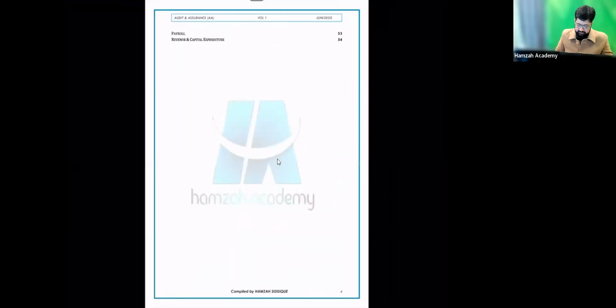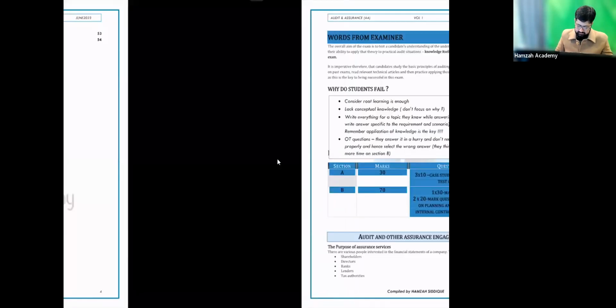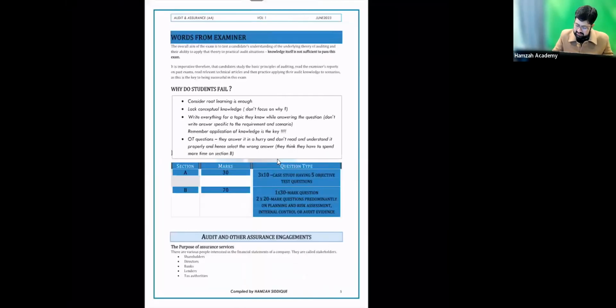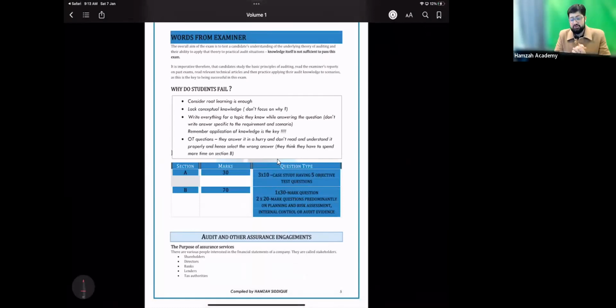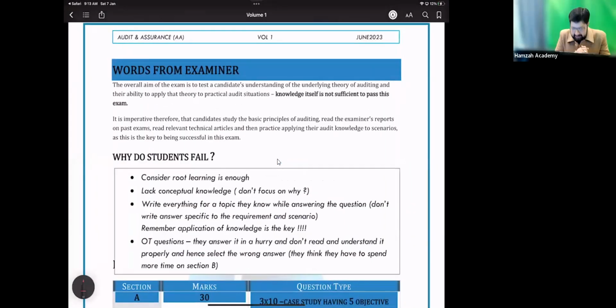So here we are. There are some words from the examiner, an examiner introducing the subject. This is what I believe. So the examiner says that the students must have a good understanding of the auditing process and must be able to apply that.